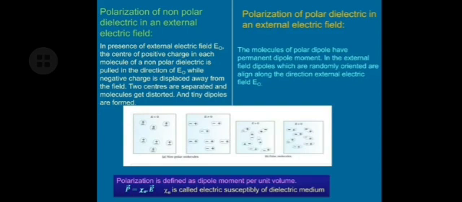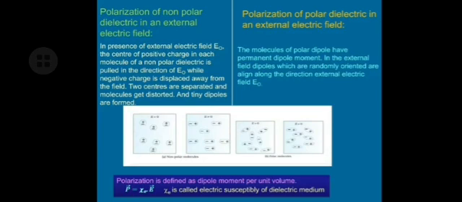But when such polar dielectrics are placed in an external field, they get oriented or aligned in the direction of field, and then they have the permanent electric dipole moment. So this process of aligning with the electric field is called polarization.